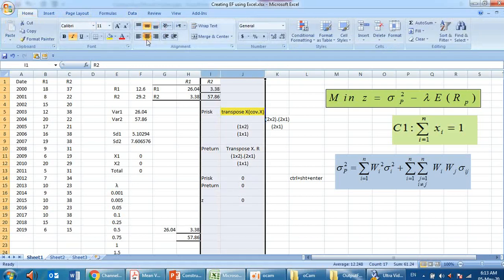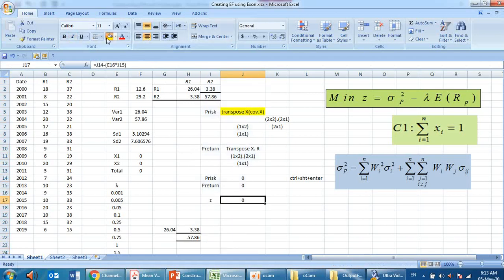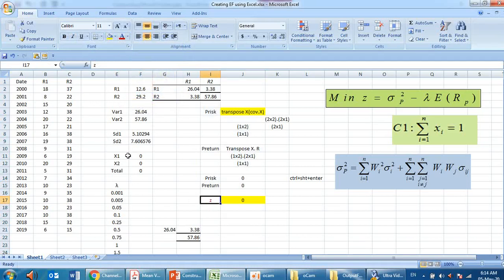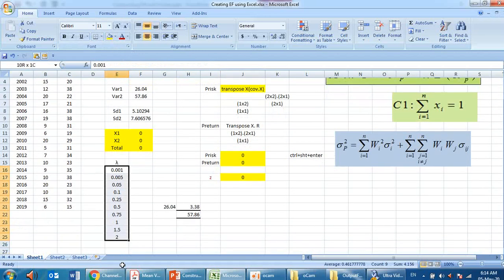Now I'll go for the optimization equation only. So I'll try to color this to remember this is the optimization function, and these are the important functions that I'll be using. I'll color it yellow because I have to remember which function, and these are the lambda values I'll be taking.